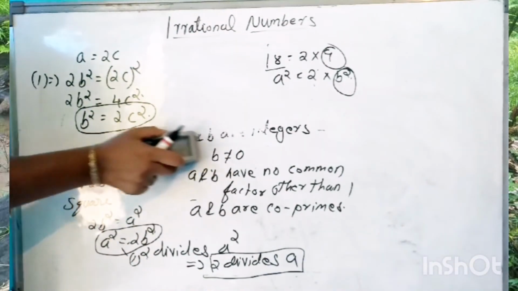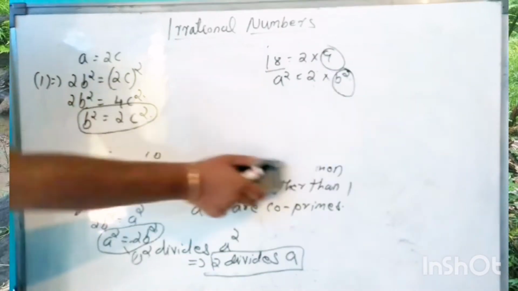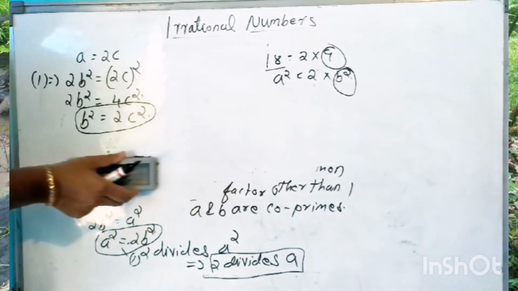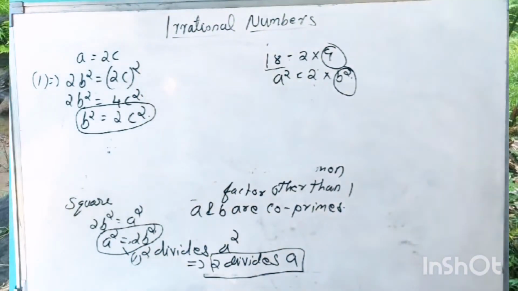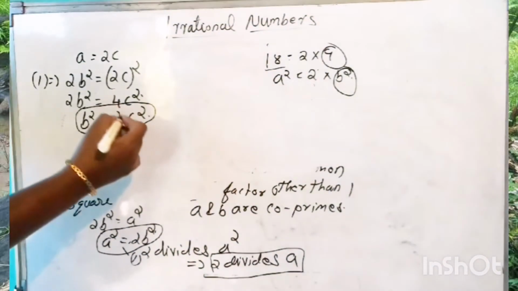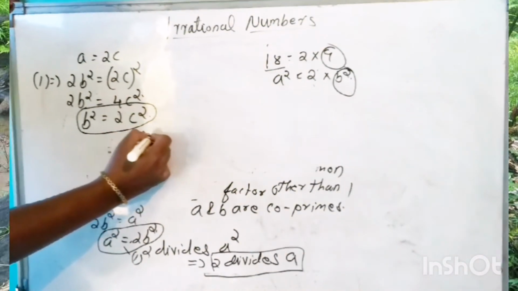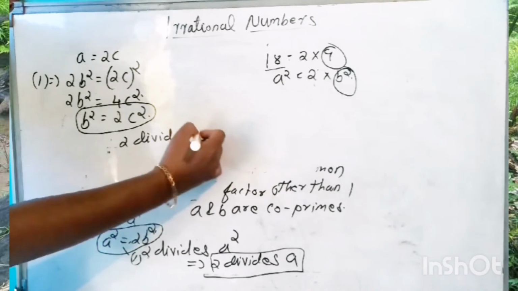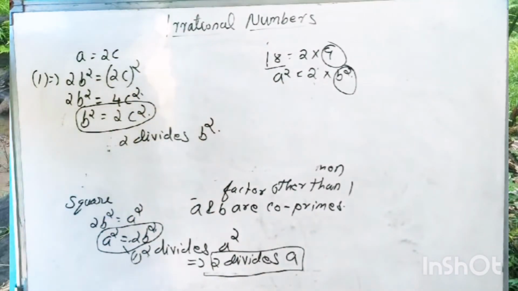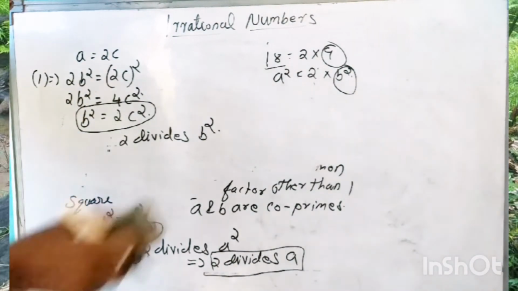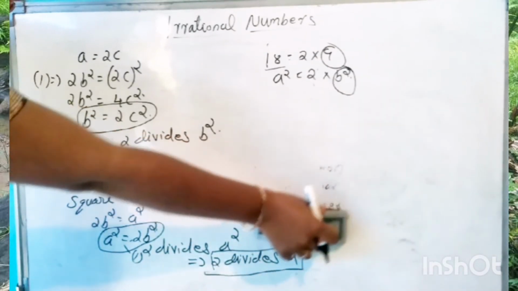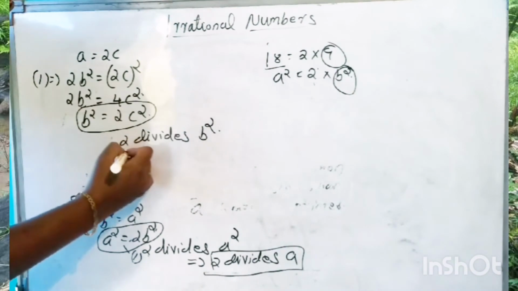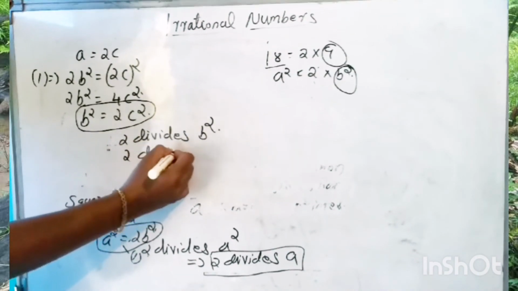We expressed B square as the product of 2 and C square, which means 2 divides B square. And 2 is a prime number that divides B square, so by the same theorem, we can say that 2 divides B also.